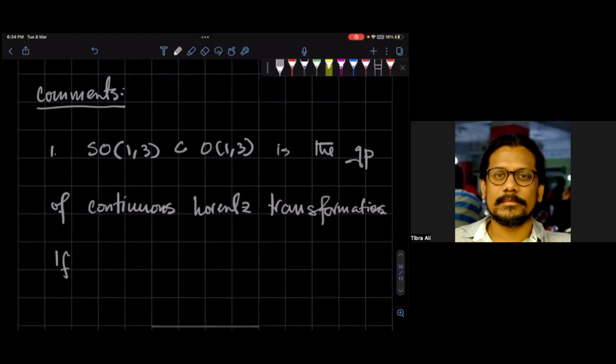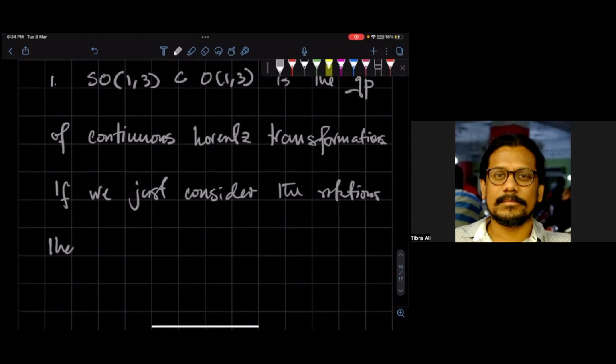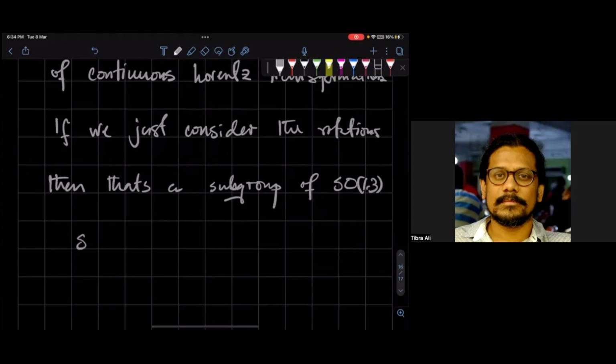Now if we just consider the rotations, that's a subgroup of SO(1,3).